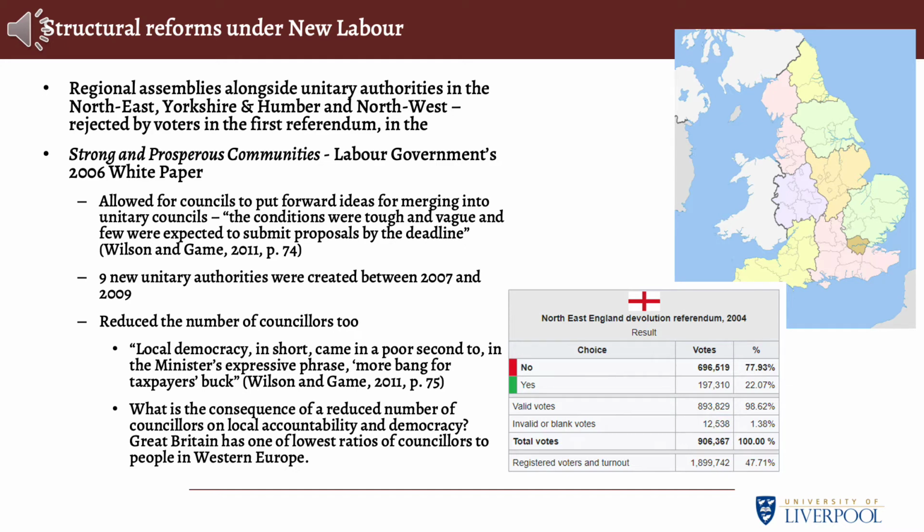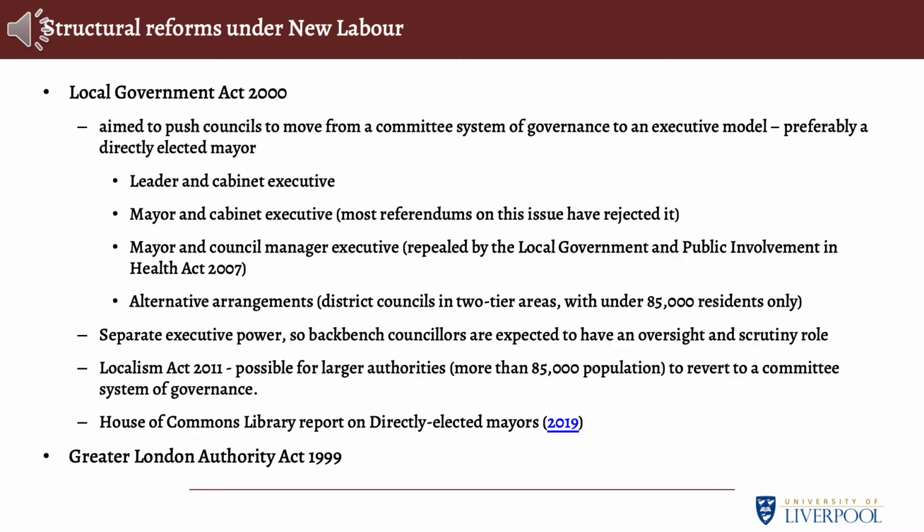And again, this all ties into this kind of overarching narrative of what you see the role of local government being. Is it to primarily represent people and their views, or is it to deliver services cheaply and efficiently? Another key reform under New Labour looked at how councils themselves would be run, and basically the executive arrangements therein.